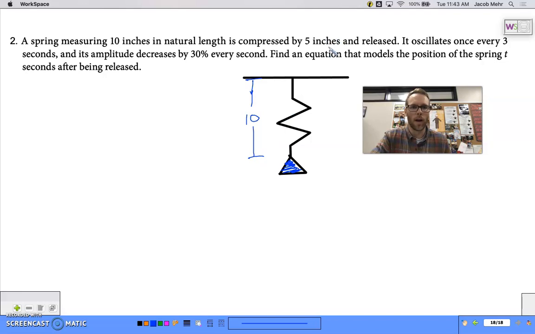It is then going to be compressed by 5 inches and then released. It oscillates once every 3 seconds, or a period is 3. It's going to start when it's compressed by 5. It's going to be up here at 5, and we're going to let it go, and it's going to come down, and so on. So what are we going to do with this? Well, first off, our period is 3, so I think we can find our B. So our period 3 equals 2 pi over B.